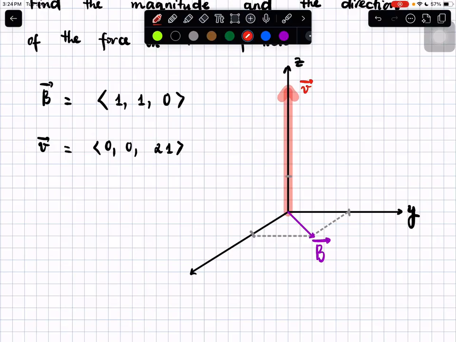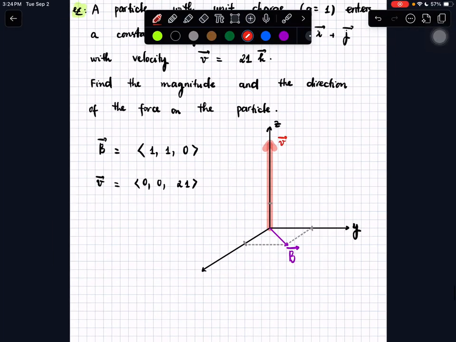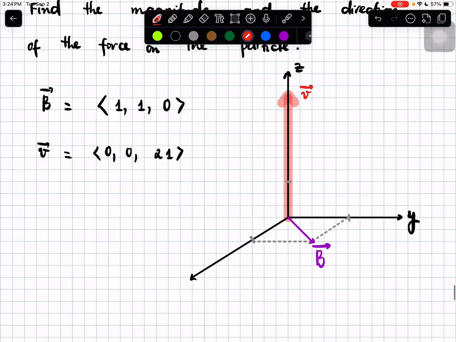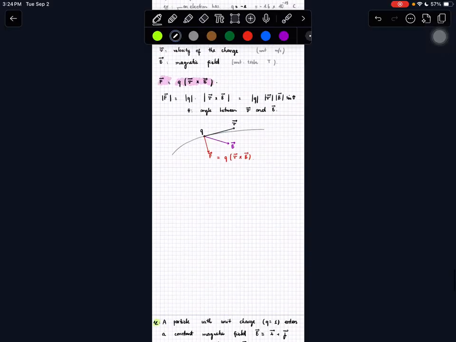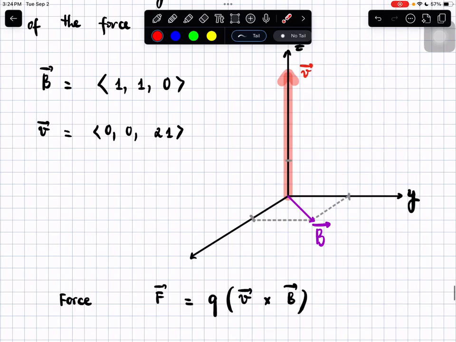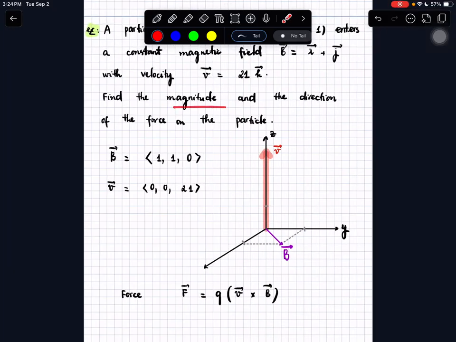By our formula we know that the force, vector F, is computed as Q times vector V cross vector B, as the formula we have here. Now we need to compute the magnitude and the direction.